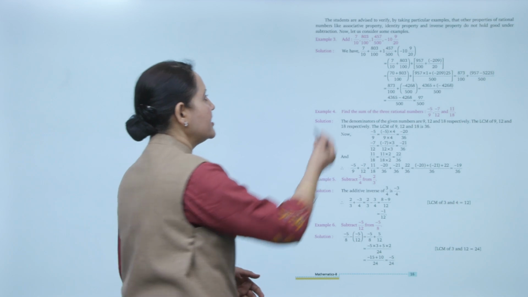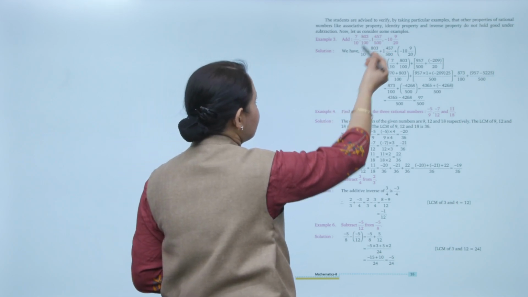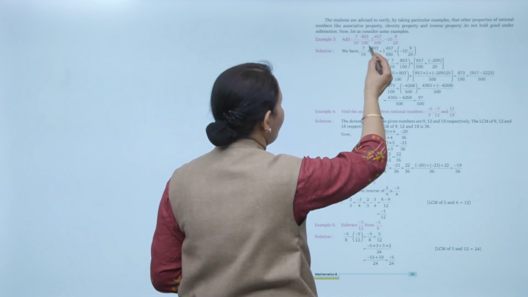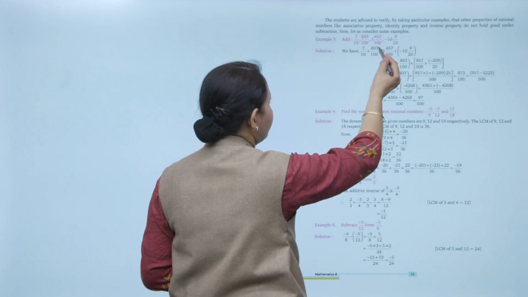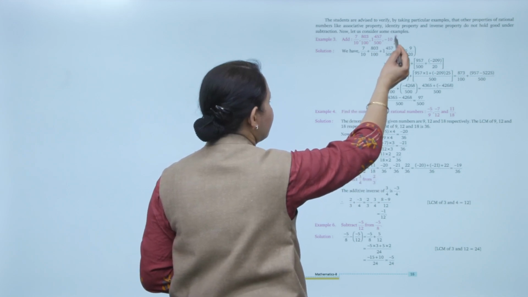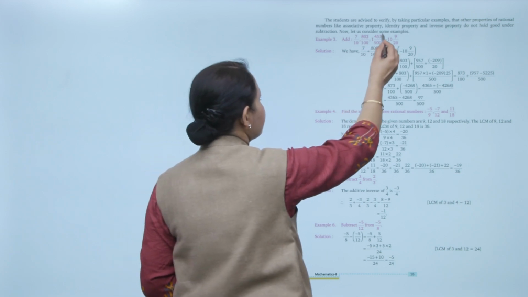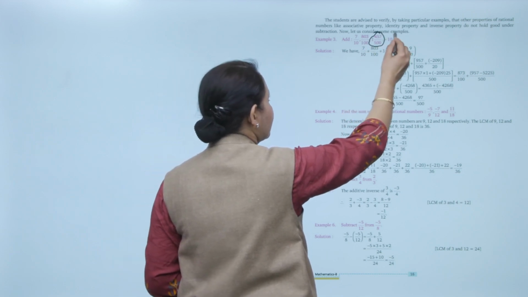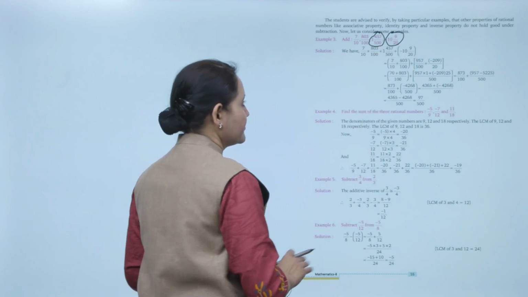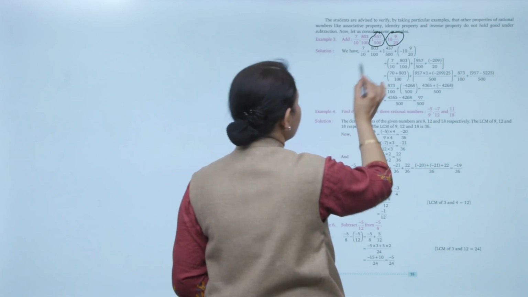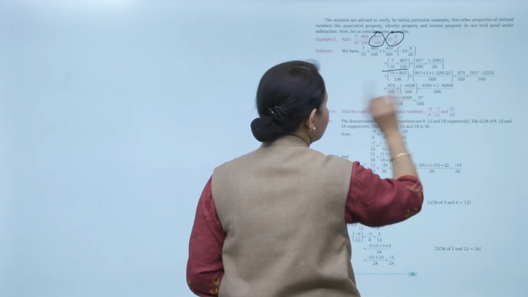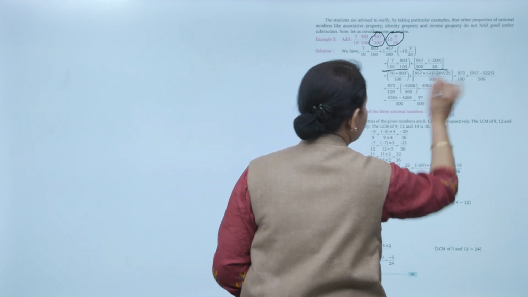Here we have to add 7 upon 10, 803 upon 100, 1 and 457 upon 500, and minus 10 and 9 by 20. So first we'll change the mixed fractions into improper fractions. So first add these two numbers and then these two numbers.